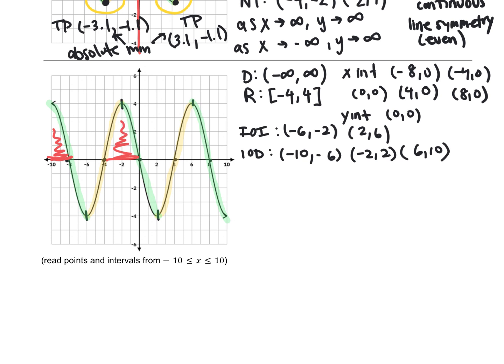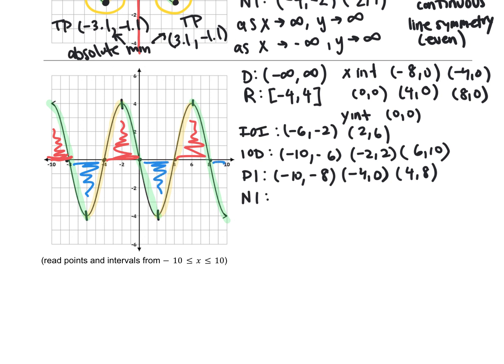From -4 to 0, from 4 to 8, all of that is in the positive region. -10 to -8, -4 to 0, and 4 to 8. The negative interval is going to be everything in between. So -8 to -4, 0 to 4, 8 to 10.